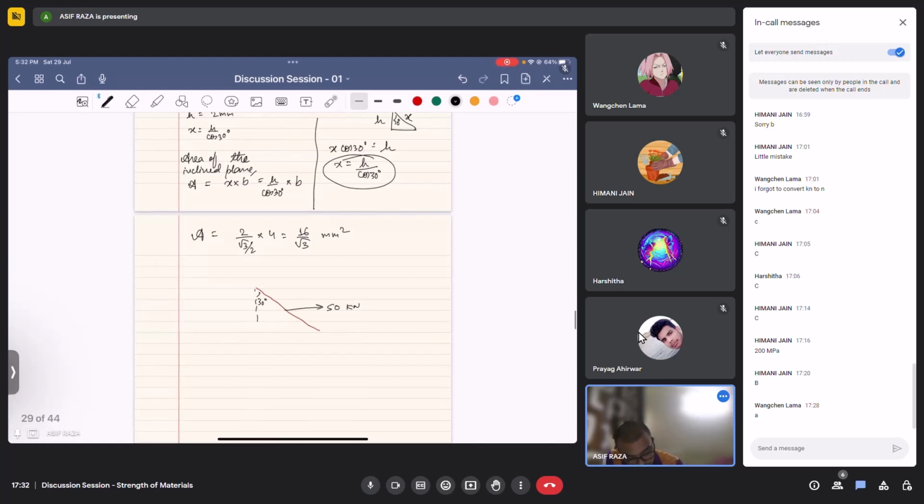So let us resolve this force into one normal to this plane and one along this plane. I'll write it as Pn and this as Pt.